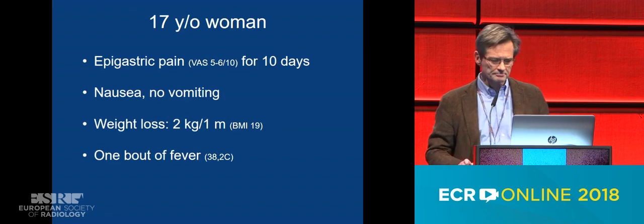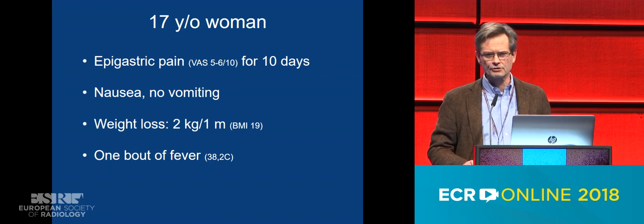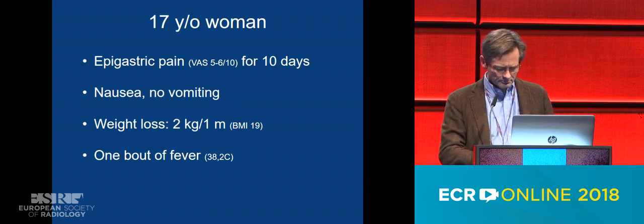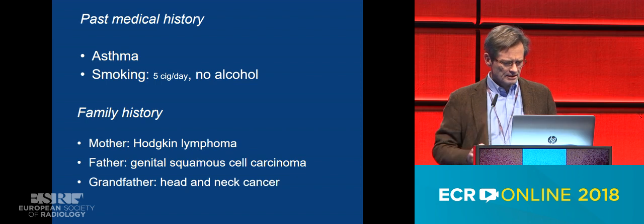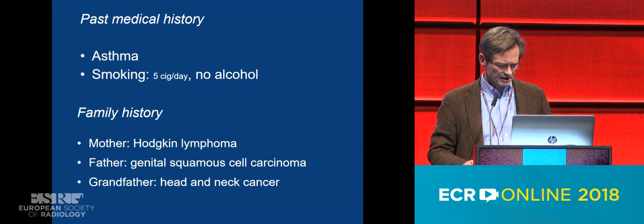This is a young woman who presented with 10 days of epigastric pain associated with nausea, no vomiting, discrete weight loss, and one bout of fever. The past medical history was more remarkable on the family side.